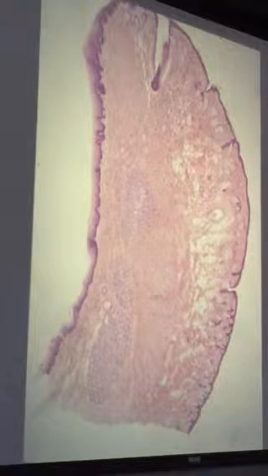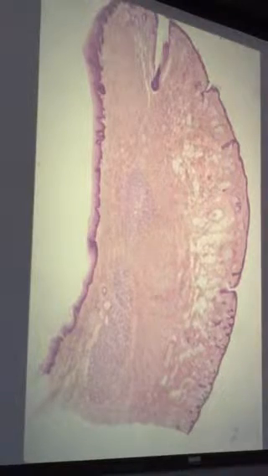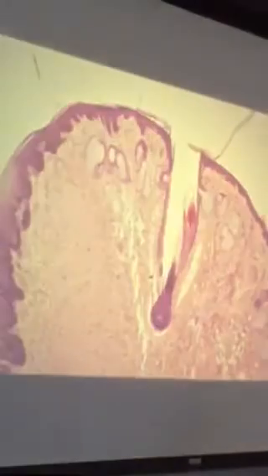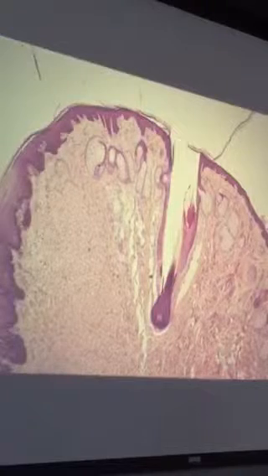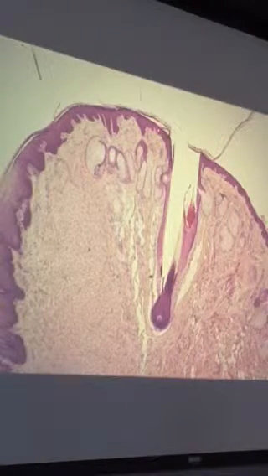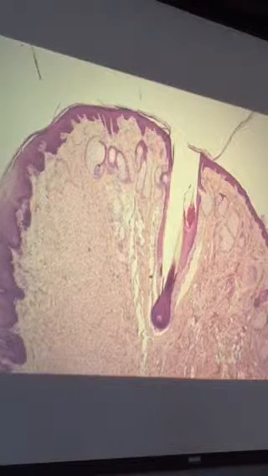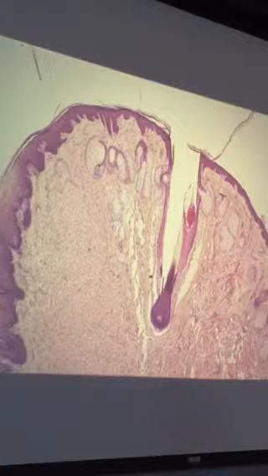Okay. And so up above, let's go on to the next slide here. This area right here would be what? Transition zone. Okay, and then we have the oral mucosa over here. This would be a wet mucosa.